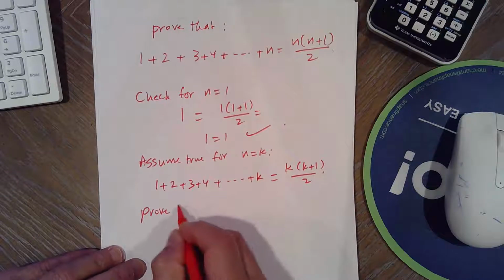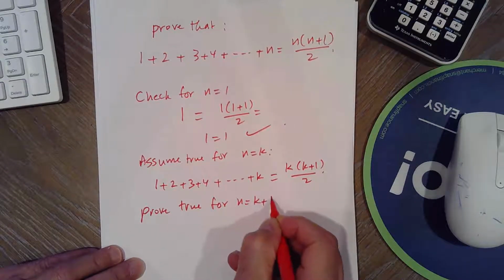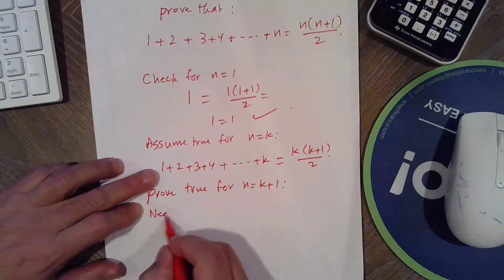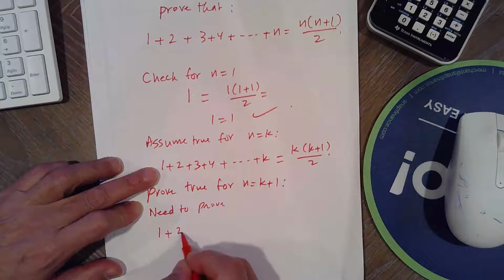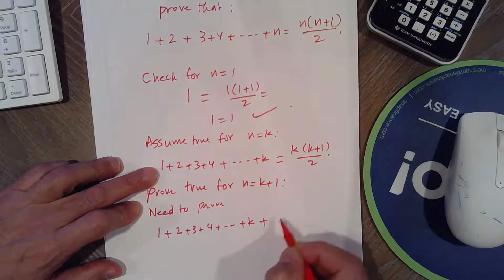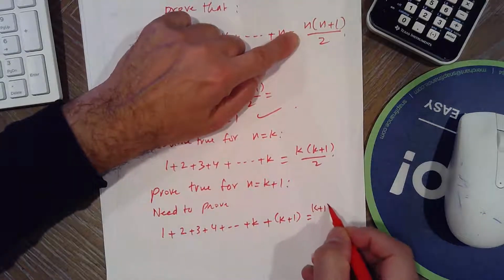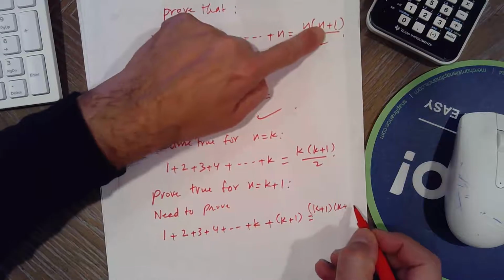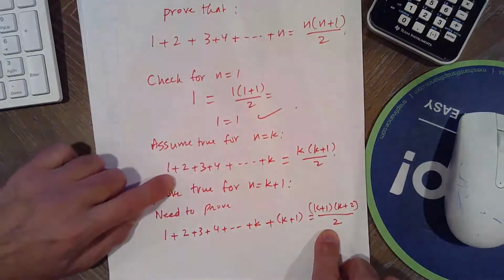Prove true for the next one, n equals k plus 1. So that's what we need to prove. We need to prove 1 plus 2 plus 3 plus 4 plus k plus the next one, k plus 1, equals k plus 1 times k plus 1 plus 1 over 2, which is k plus 2 over 2. That's what we need to prove, and we have this true.